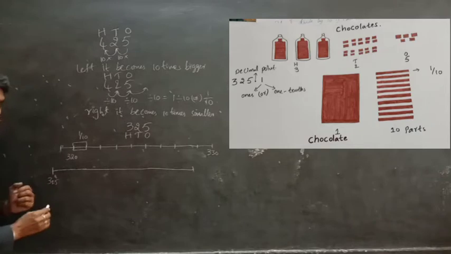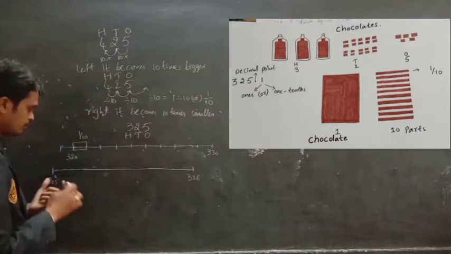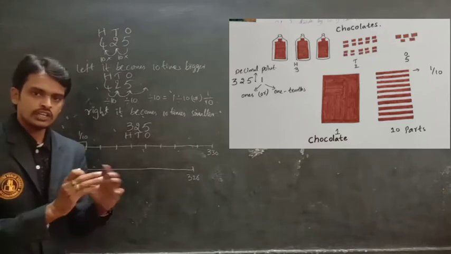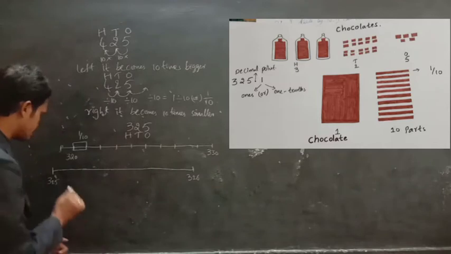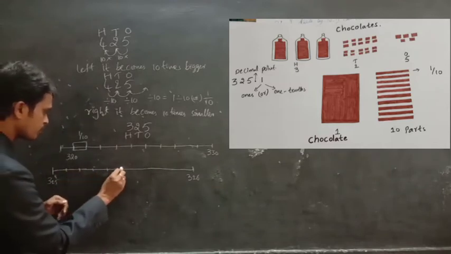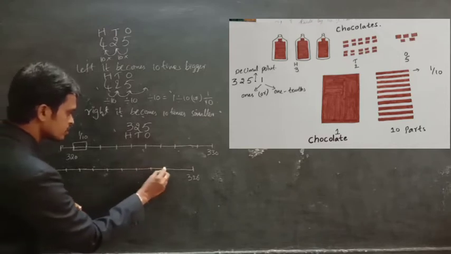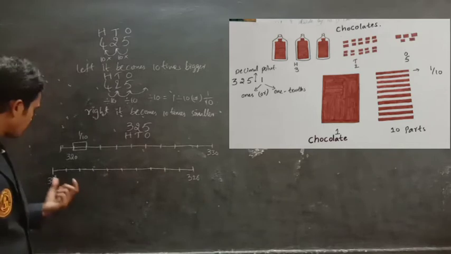So this is 325, after 326. Between these two numbers also, I elongated it to divide it into 10 equal parts: 1, 2, 3, 4, 5, 6, 7, 8, 9, 10 equal parts.